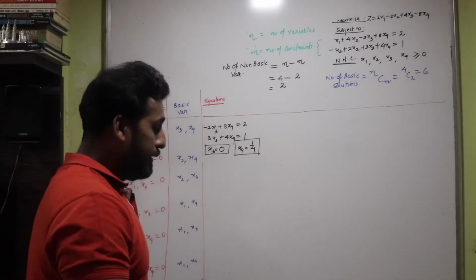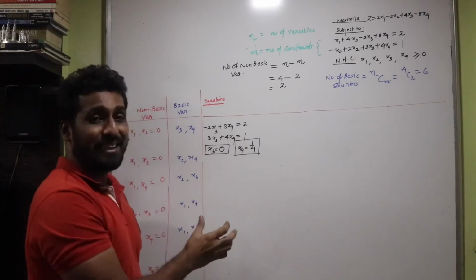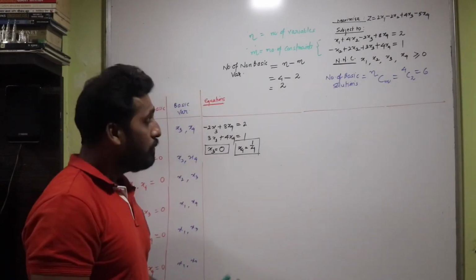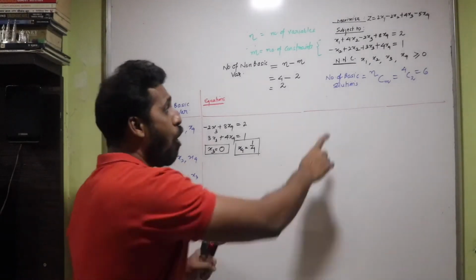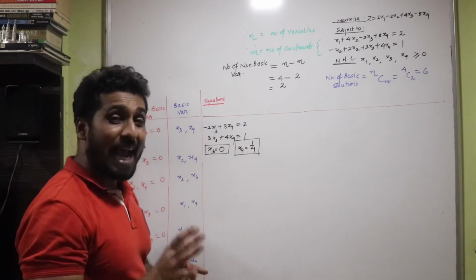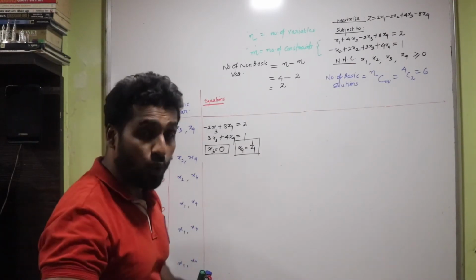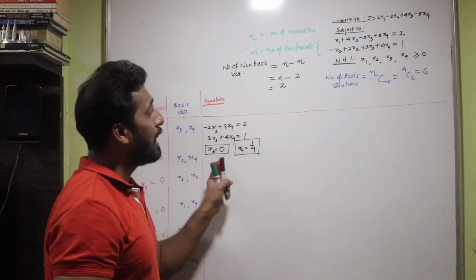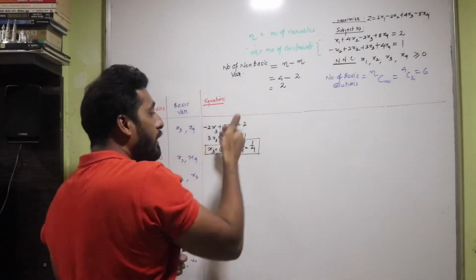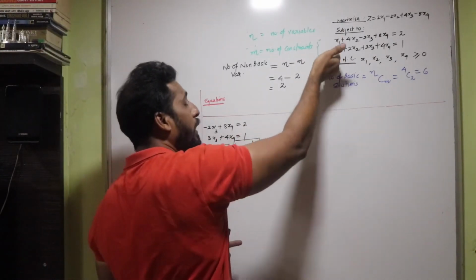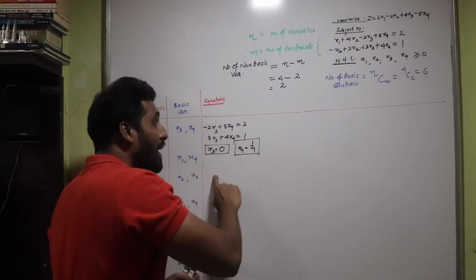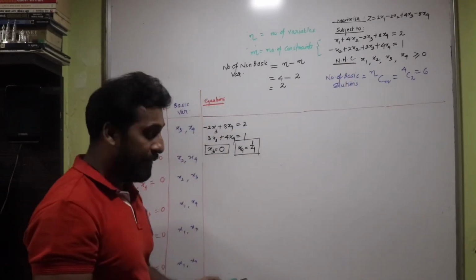Now these two values of x3 and x4 are satisfying the non-negativity constraints, isn't it? That means these particular values can be called a feasible solution. These two values have been brought by solving the two equations simultaneously, so they have to satisfy the original equations as well as the non-negativity constraints.